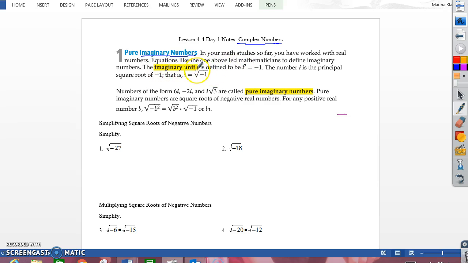The imaginary unit is i, and it is defined to be i squared equals -1. That is because i is equal to the square root of -1. So if we think about i squared, that would be equal to the square root of -1 times the square root of -1.